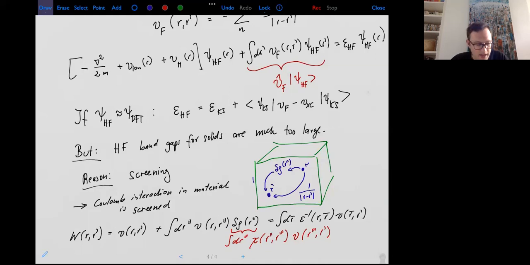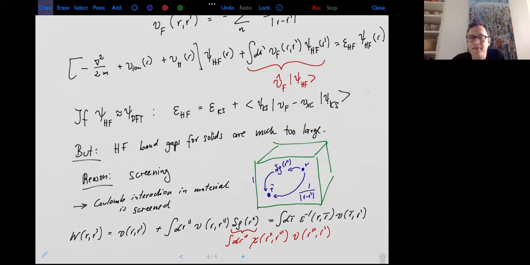And of course, you know that the dielectric function in a material like silicon is something like 10. And so what that means is that the interaction between two electrons is an order of magnitude weaker in silicon than if these two electrons would interact in free space.